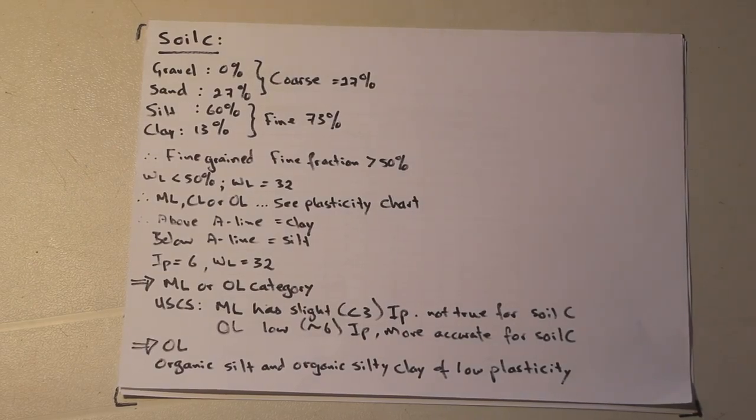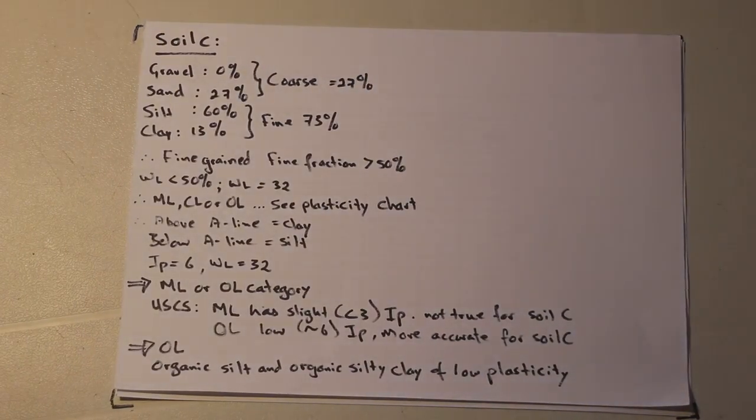So it will classify either as ML, CL, or OL on the plasticity chart. If it's above the A line, it's a clay, and if it's below the A line, it is a silt. In this particular case, the PI is 6, and the liquid limit is 32.